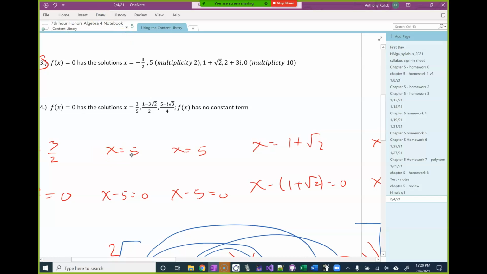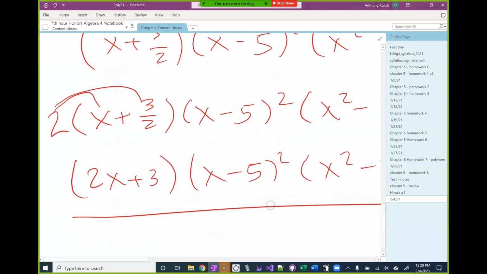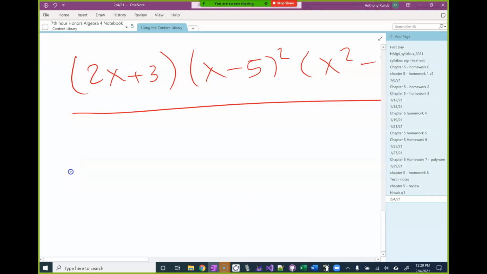Let's see. The first one is 3/5, right? Do you have it in front of you? It's 1 minus 3 square root of 2, all over 2. Okay. And then it's 5 minus i square root of 3, over 4. That's okay. All right.